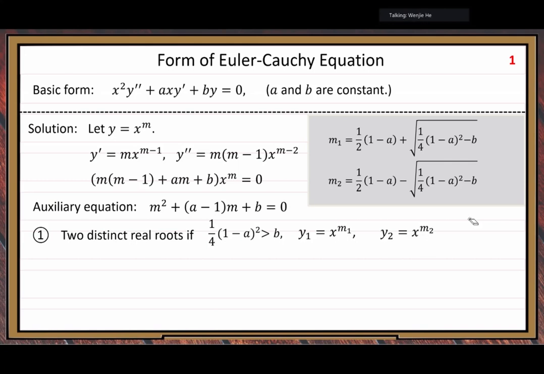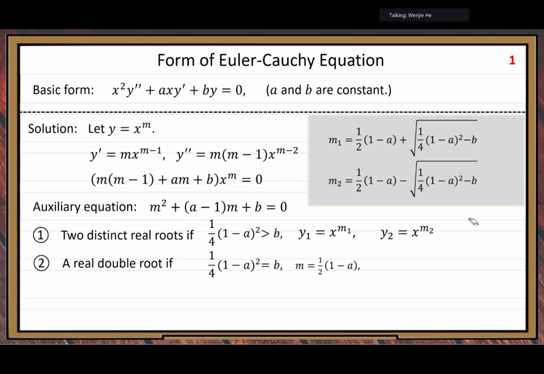Then the second case: this auxiliary equation has a real double root. Then the number under the square root must be 0. So that's this condition. In this situation, we use little n to represent the real part.